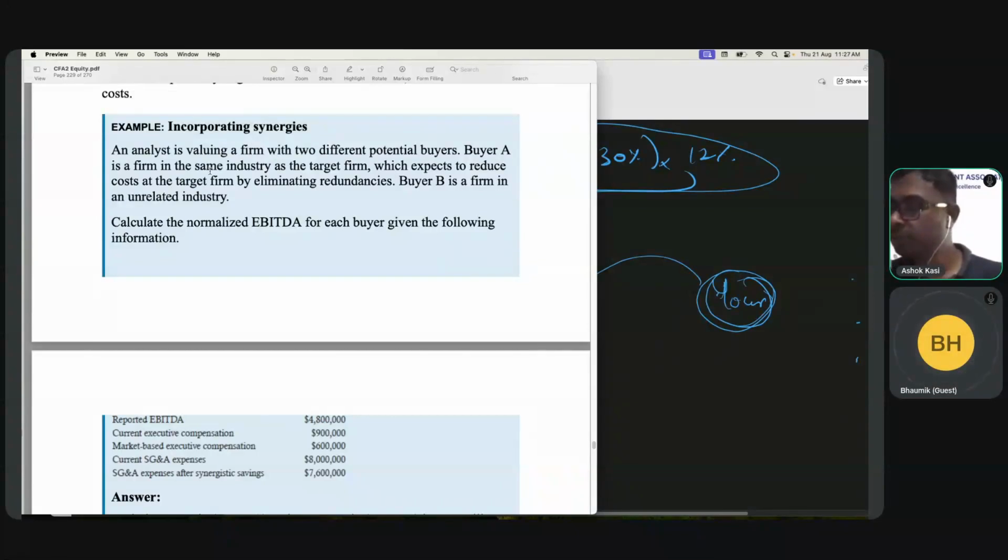Buyer A is a firm in the same industry as the target company, which expects to reduce cost at the target by eliminating redundancy. Buyer B is in an unrelated industry. That means just to diversify.